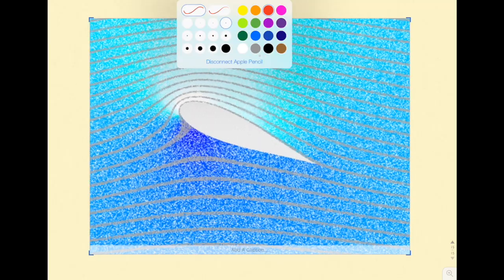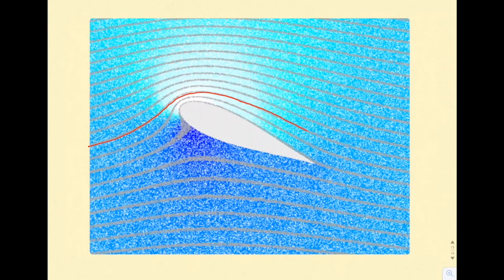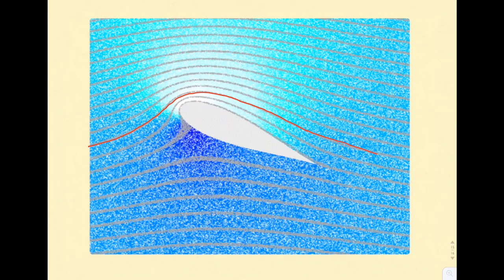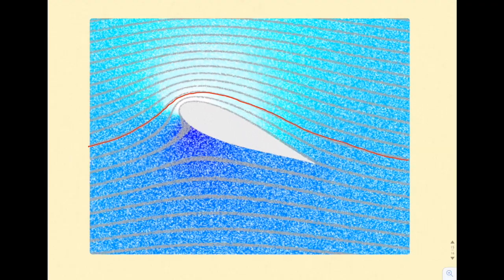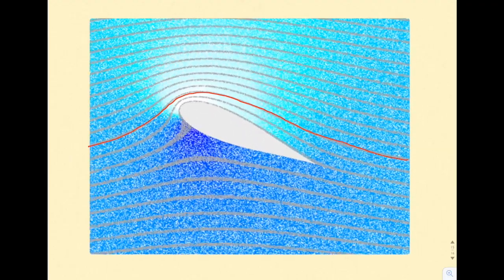I'll take flow over an airfoil. If I draw one of the streamlines like this, we can see that this streamline is not changing with time.